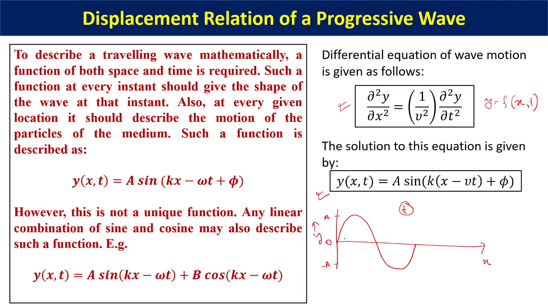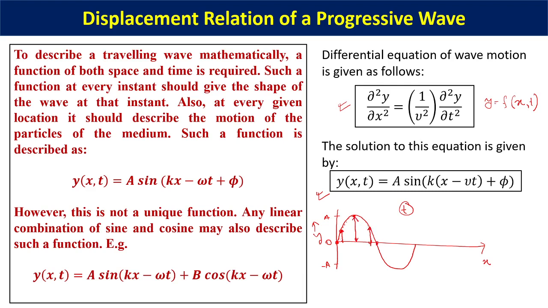But at any instant of time t, if this is the wave pattern, what does it actually mean? Suppose there is a transverse wave going through a medium. In that case, these individual points depict the positions of particles in that medium. Suppose one particle is here, this particle is not at all displaced. The second particle, suppose it is here, is displaced this much. The third particle may be here, displaced this much. The fourth particle may be here.